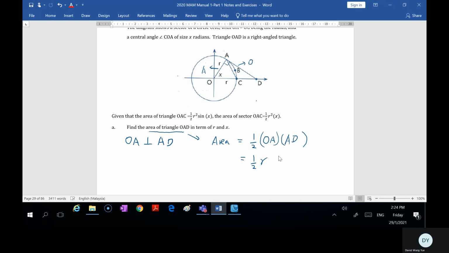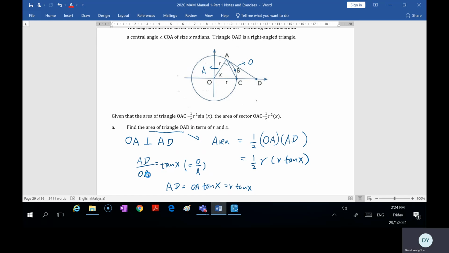So AD over OA is equal to tangent x, because it's opposite over adjacent. So AD equals OA times tangent x, which is r times tangent x.